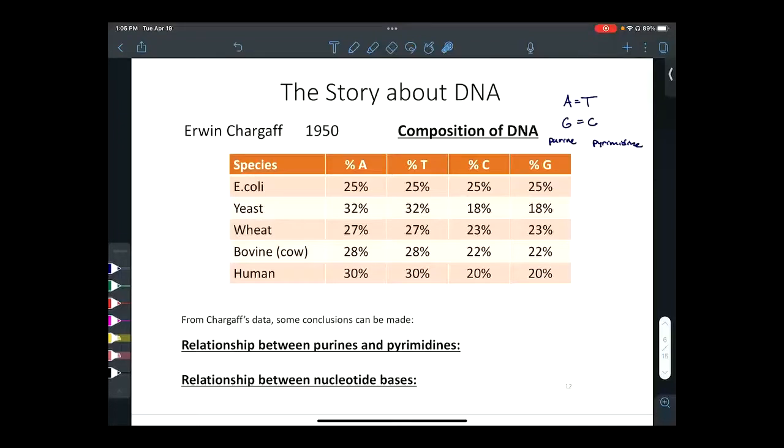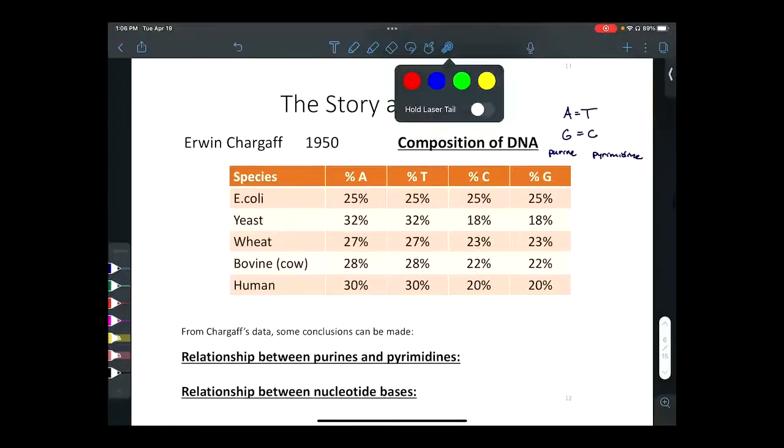So this experiment by Erwin Chargaff determined the composition of DNA, the different components of those nitrogenous bases. So we have A and T, C, and G. Those are our nitrogenous bases. So this guy was able to get the percent composition of each of those nitrogenous bases of different DNA strands in different mammals and different species here.